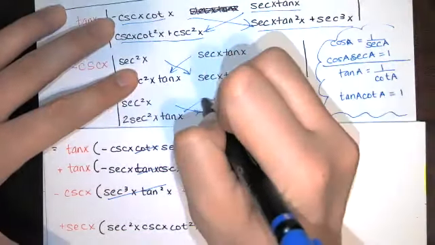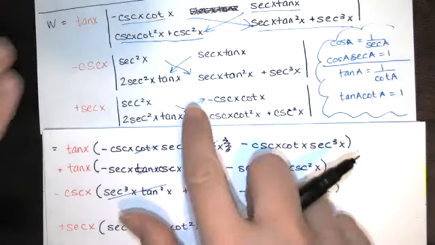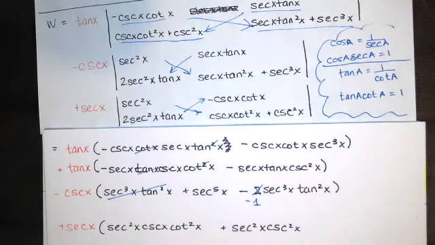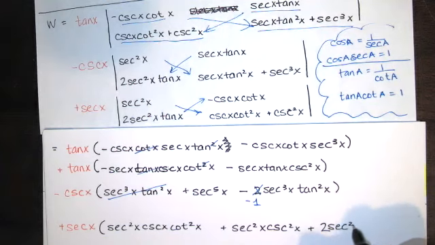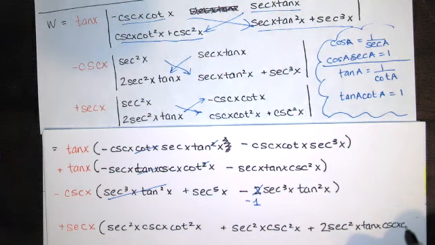Bam. And then we're going to multiply across that diagonal and subtract. So subtracting a negative is going to mean we're adding it. I've got 2 of these and nothing repeats. So I've got secant squared tangent of x and then cosecant of x cotangent of x. Wow, that's a lot.